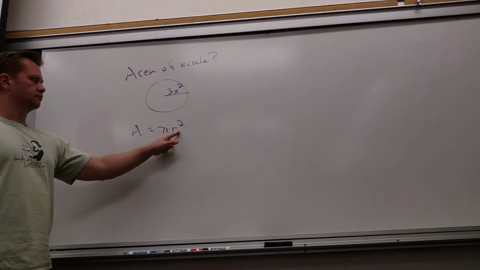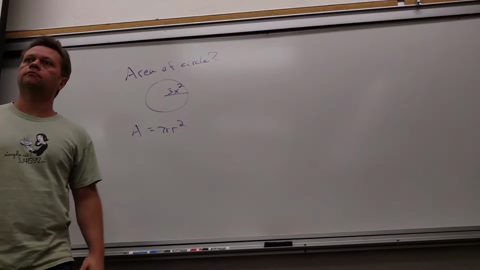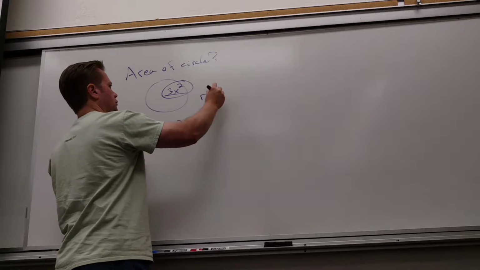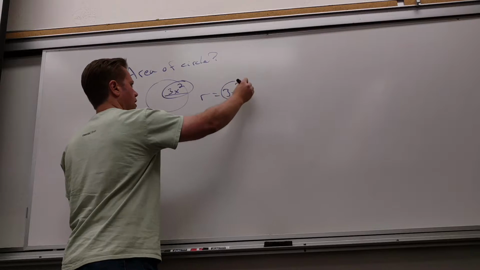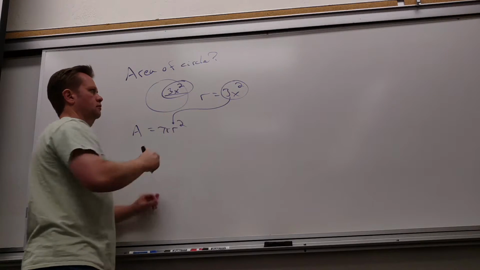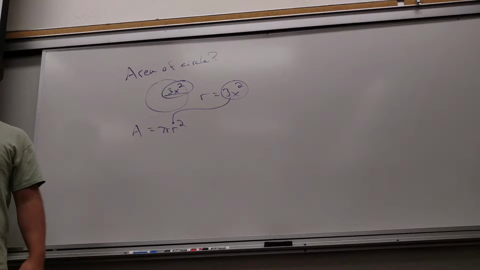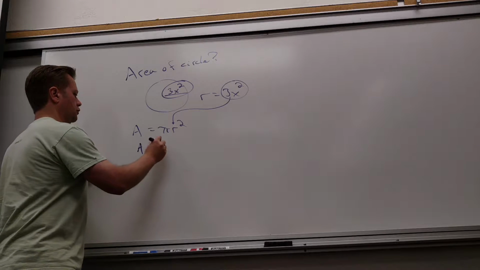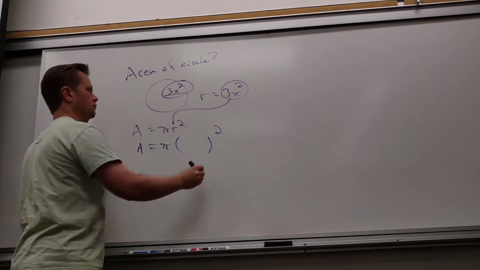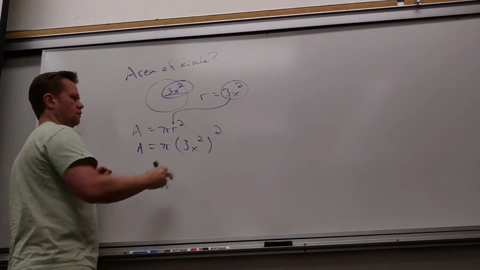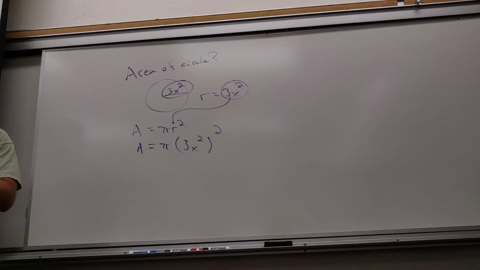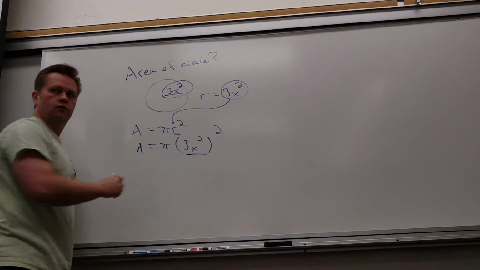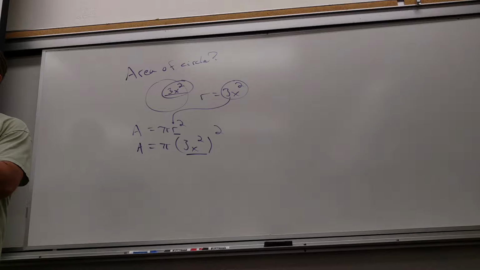And then you just plug it in. You know that the radius is 3x squared. So take that, it'd be like 9. Yeah, so the area equals pi. Replace r with what it is. Yeah, cool.